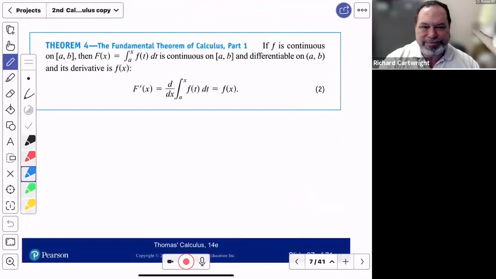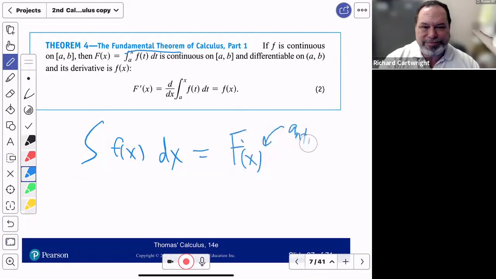Oh, I hit that again. This is interesting. This is the whole point of today's lesson. If you integrate a function with respect to x, and the answer comes out to be another function, we use big F, and that's referred to as the antiderivative.